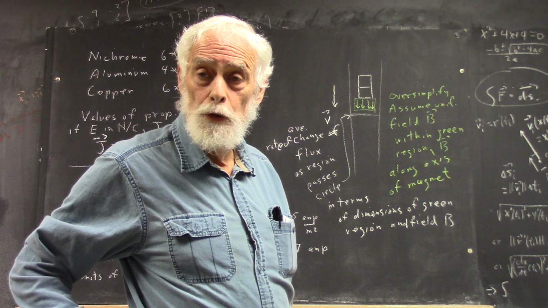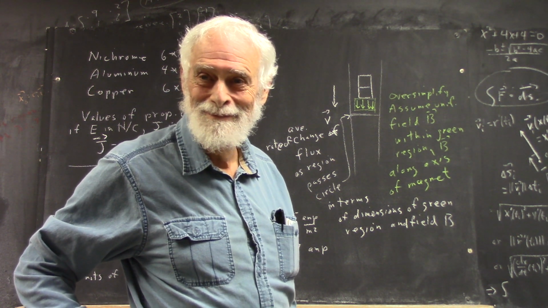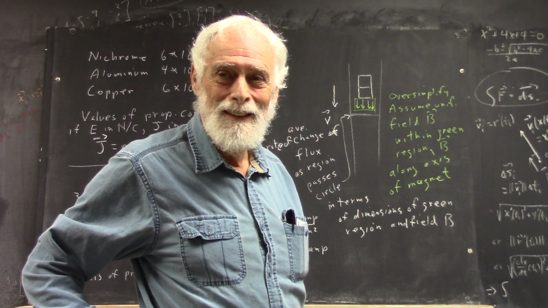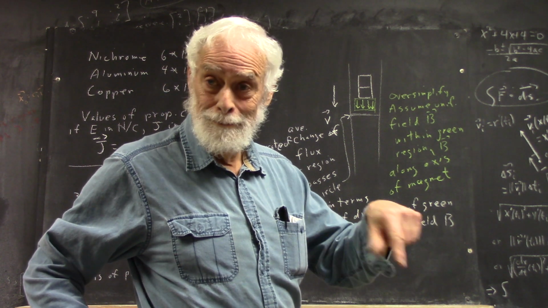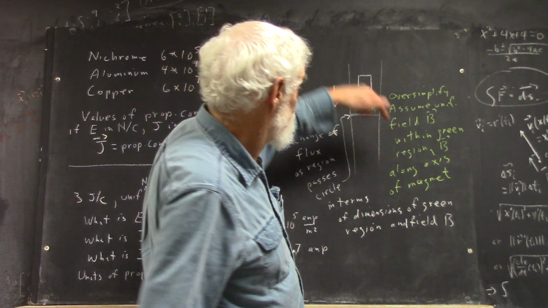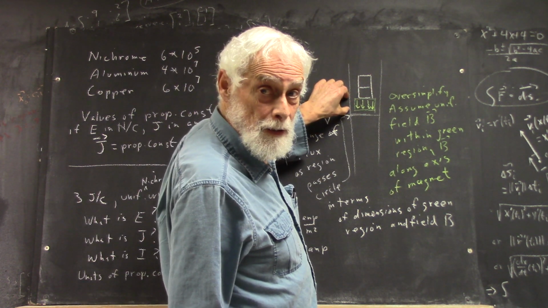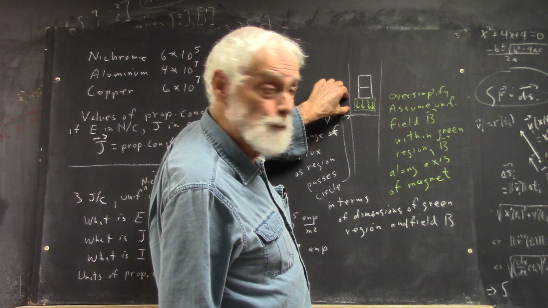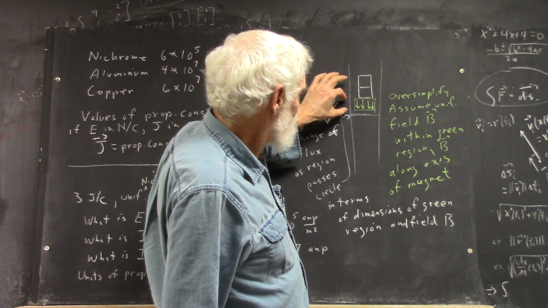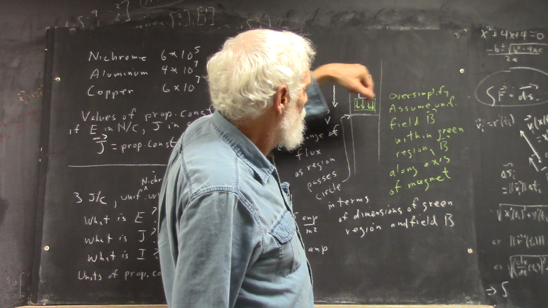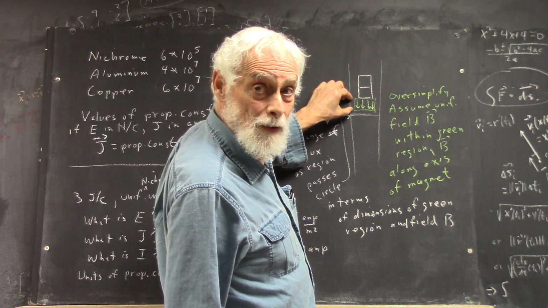Well, it's the number of joules per coulomb. Okay? Average number of joules per coulomb around a region of copper of the same dimensions. Well, not the same, yeah, a region all the way around the cylinder of this length.